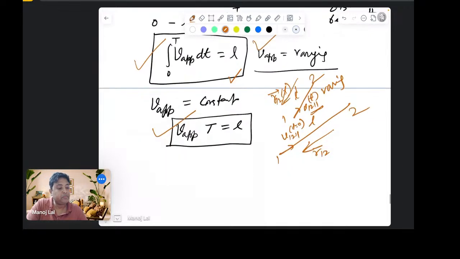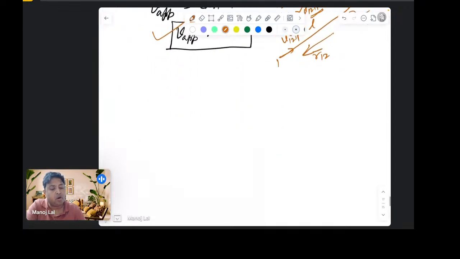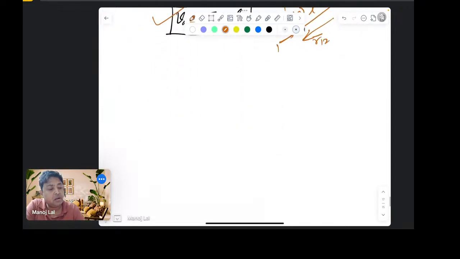First, let me take the problem of three friends at the corners of an equilateral triangle of side a. Let me draw it.